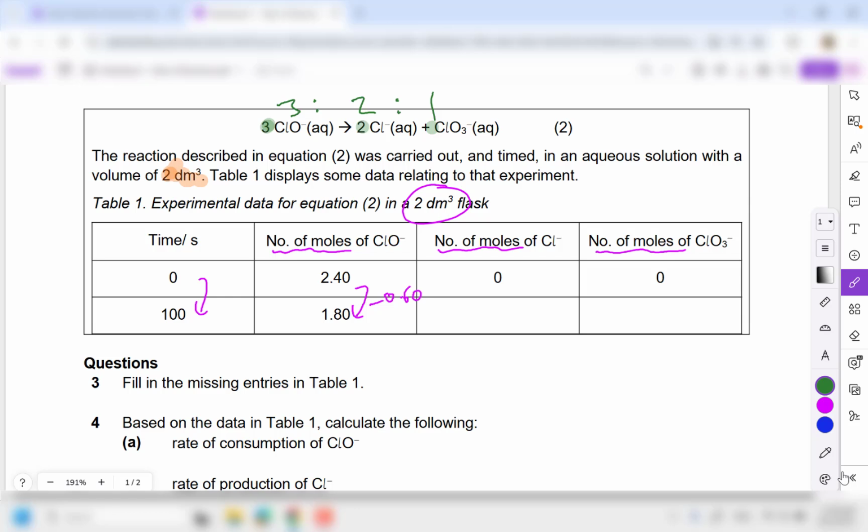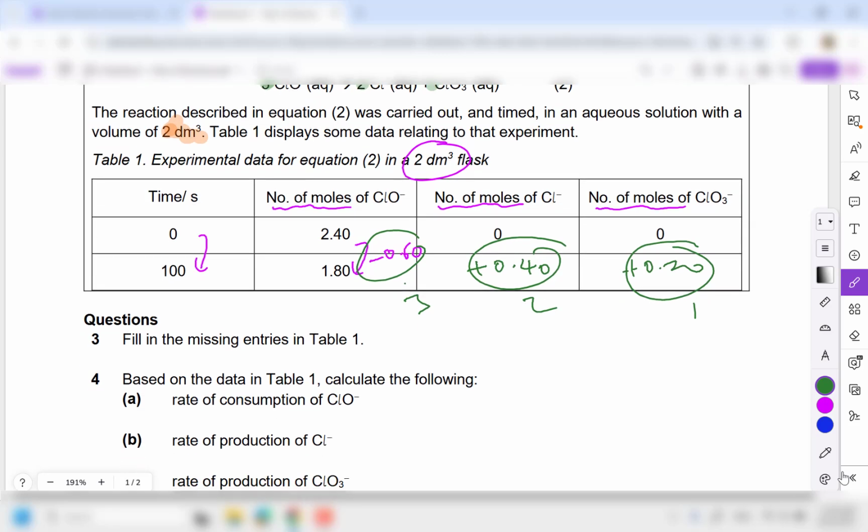In this case, we're going to multiply 0.6 by 2/3. So I'm going to expect this to increase to 0.40. And then for chlorate 5, 0.20. So this still keeps the ratio at 3 to 1. This is very important, so just take note of it.